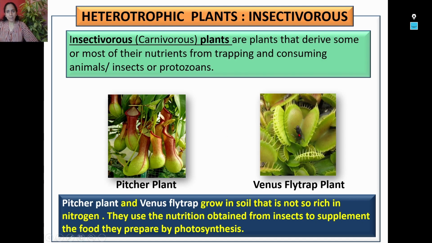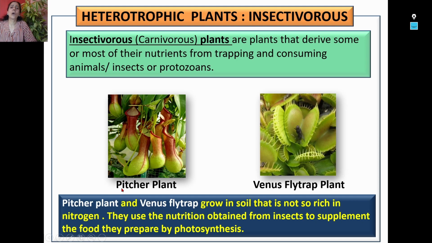So they are trapping and squeezing these insects, pouring their juices and dissolving them, and then absorbing those nutrients. And we have beautiful examples of insectivorous plants also.